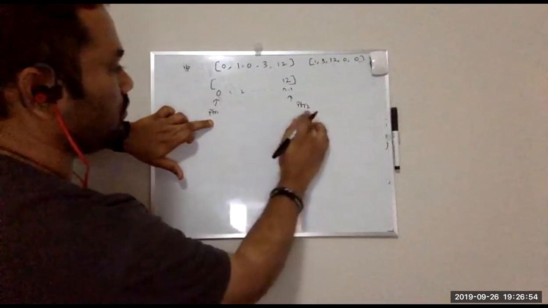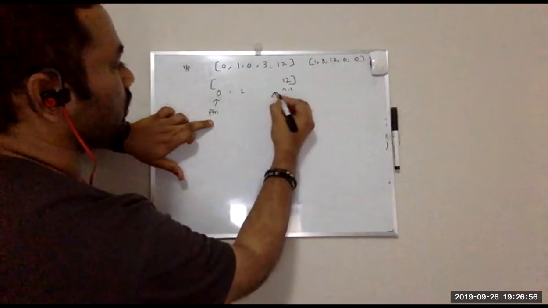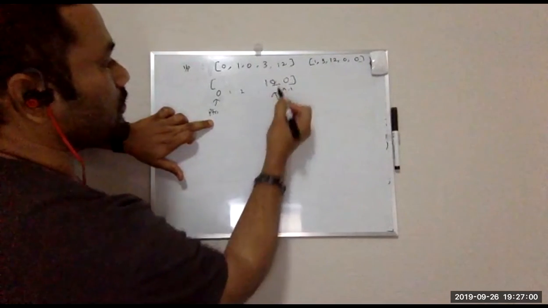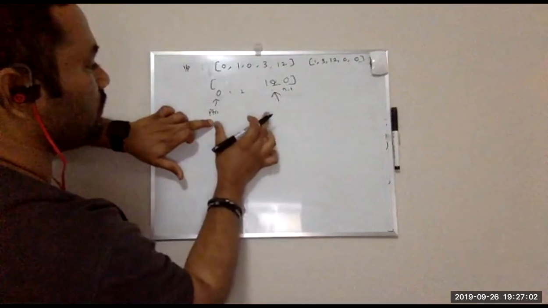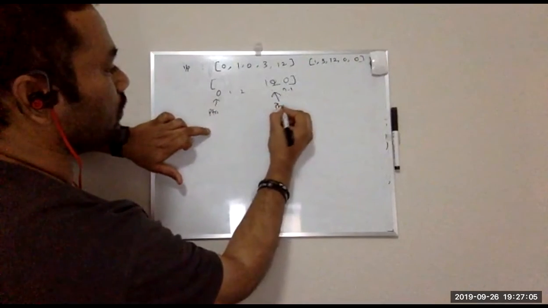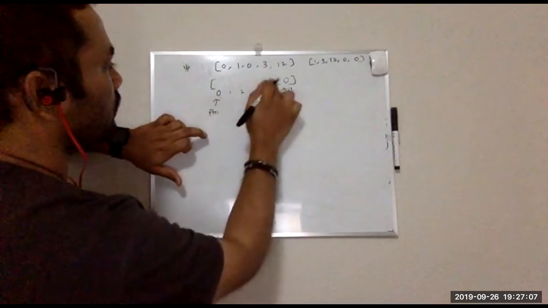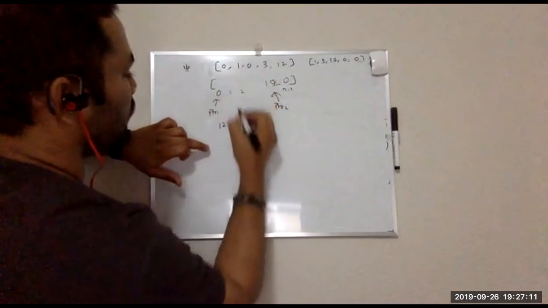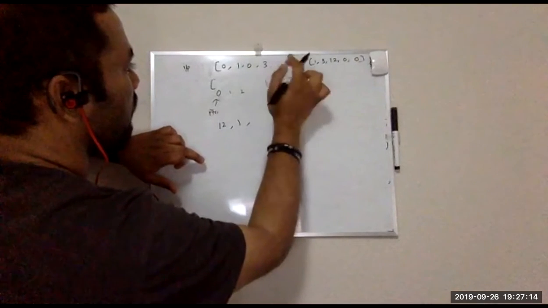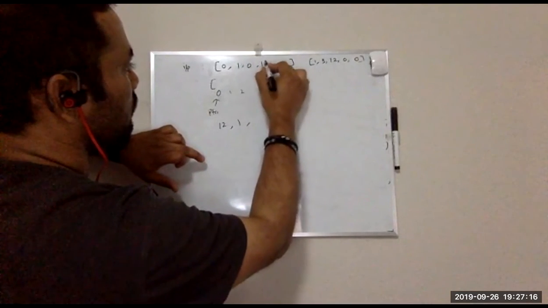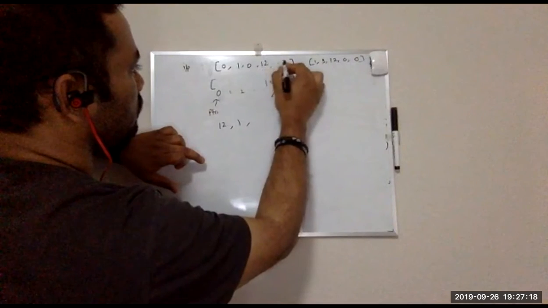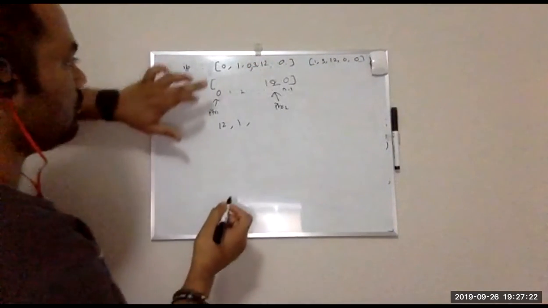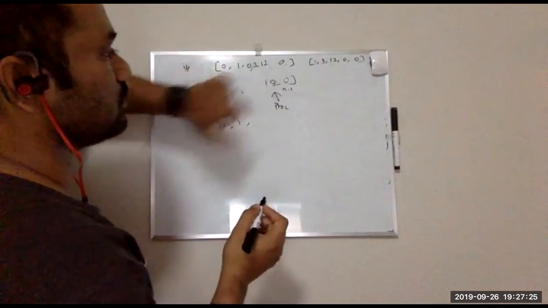If it is not 0, then we'll swap pointer 2 with pointer 1. Then this 12 comes here, and we have 0. So initially we have 12 and 0, and we have 3, let's assume. 0, 1, 0, 3, 12, 0.